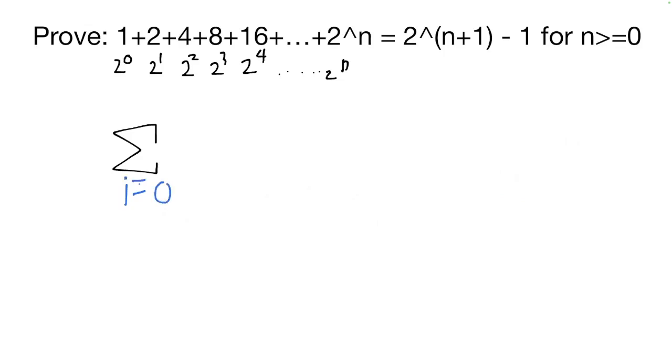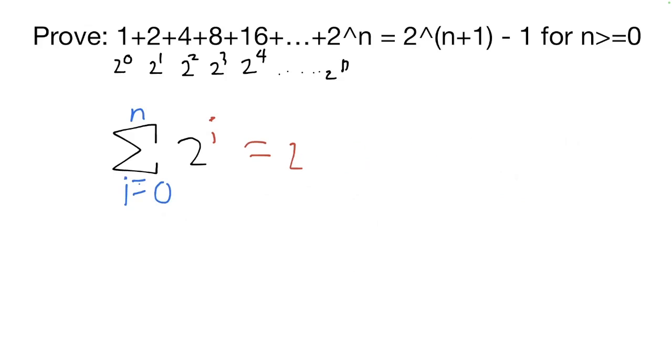I just like to use i because it's more conventional. And then it bounds up to the upper bound of n. And for each iteration, we have 2 raised to i. So this basically means that we're adding the numbers from 2 raised to 0 up to 2 raised to n.